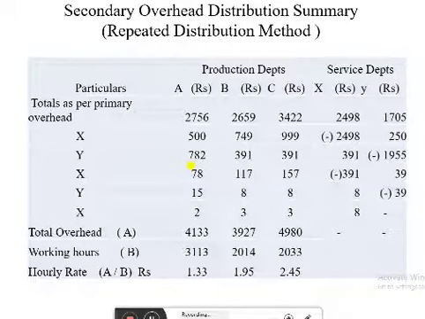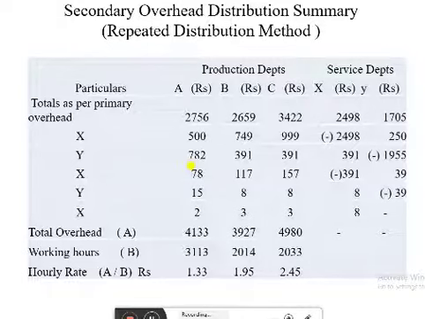Here the totals as per primary overhead. Previously we have already calculated in the primary distribution the totals for A, B, C and X, Y. The totals are 2,756, 2,659, 3,422, 2,498 and 1,705. So these are the totals as per the primary overhead that were previously calculated.